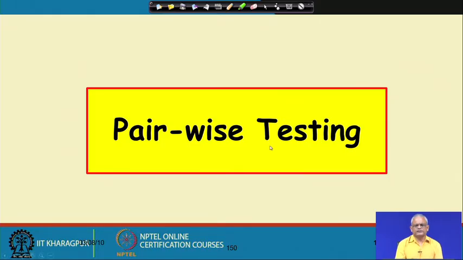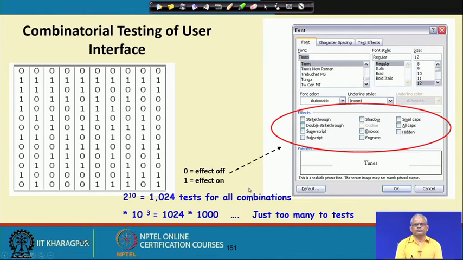The pairwise testing helps us to reduce the number of test cases. Let us see how we go about developing the pairwise test cases.